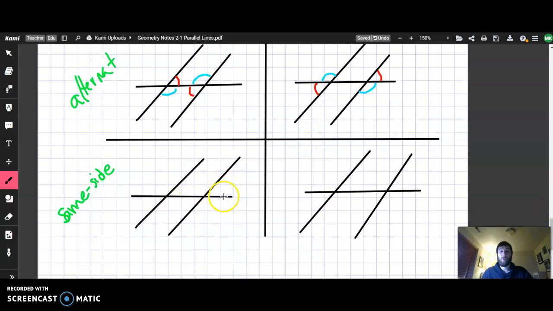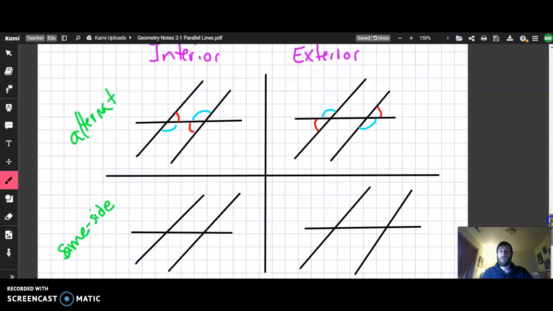In this second row, we have same side interior angles and same side exterior angles. Same side means it's on the same side of our transversal, so they're either both going to be below or they're both going to be above. If we're looking at same side interior, then they're below, but also inside, interior.